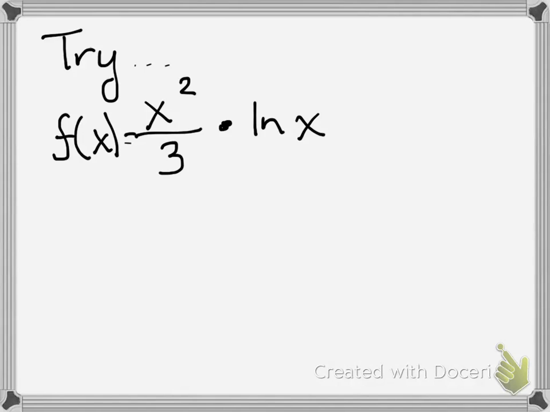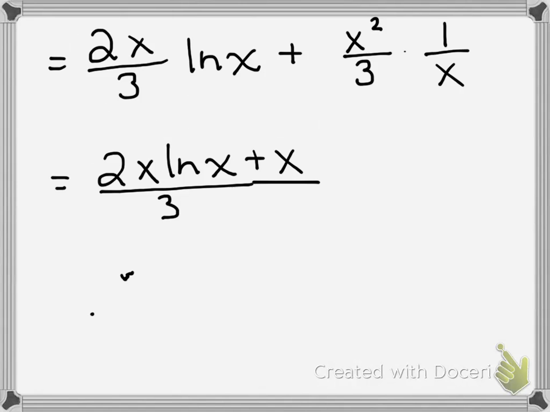Okay, I want you to go ahead and try this function, x squared over 3 times ln of x. Go ahead and see if you get the answer I did. So pause it, solve it, and then we'll get going again. Okay, so in order to do this, you should have taken the derivative of x squared, so your 2 came down to the front, and you got 2x over 3 times the second function of ln of x.